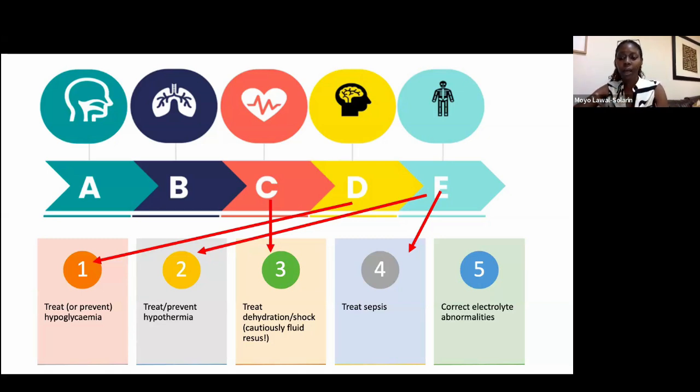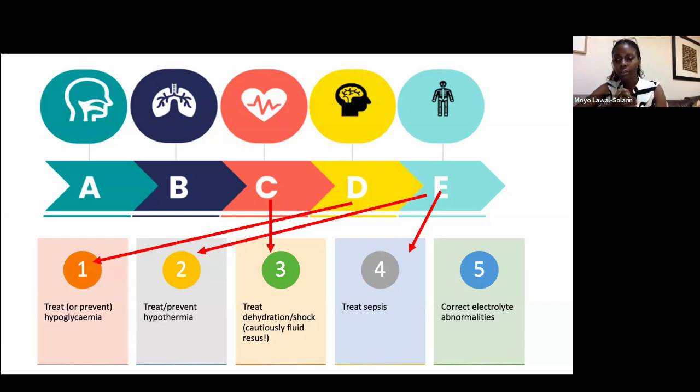But if it's a mild electrolyte abnormality, usually we leave that for peds to sort out. And so once we've stabilized our kitty, we've actually done the first 5 steps. And those are really important steps. And then thereafter, once we've stabilized them, we make sure to continue whatever management we've got going on for the acute issue, and then we can refer them to peds to do their thing in the ward.